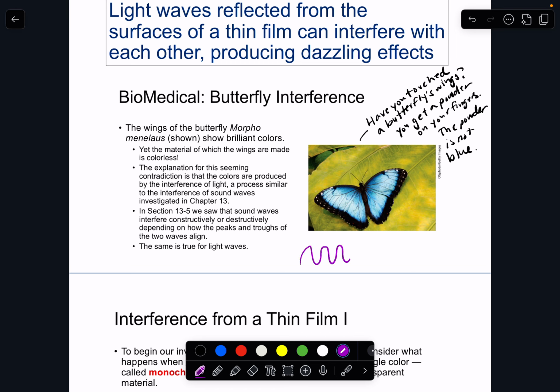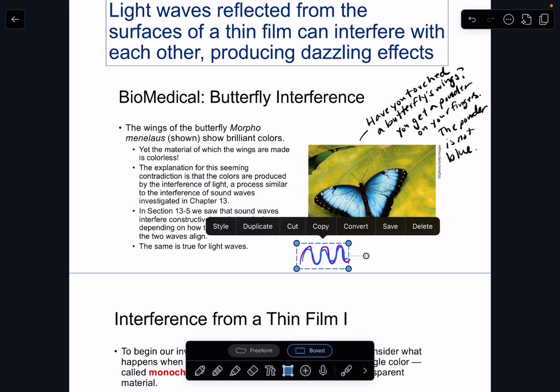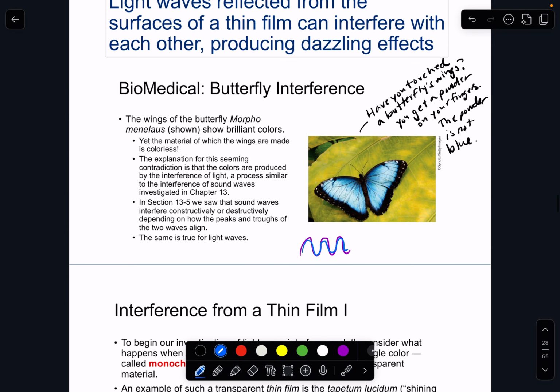So if you have two waves and they line up, so the peaks line up on top of the other peaks, right? You're going to have constructive interference. And the amplitude of that wave added together is going to be twice as big as each of the individual ones.